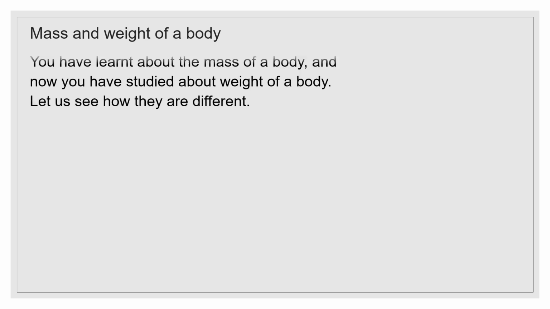We have just studied about weight of a body. It is actually a force acting on a body due to the force of gravity. But what about mass? Are mass and weight the same? Let us find out.